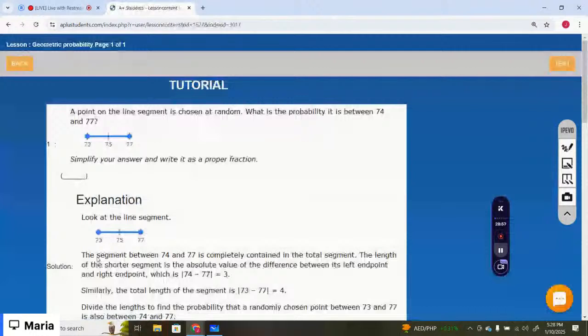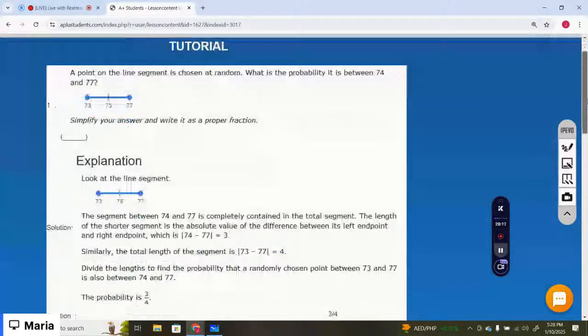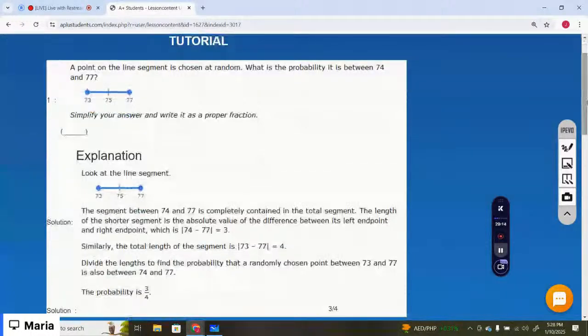A point on the line segment is chosen at random. What is the probability that it is between 74 and 77? The segment between 74 and 77 is completely contained in the total segment. The length of the shorter segment is the absolute value of the difference.